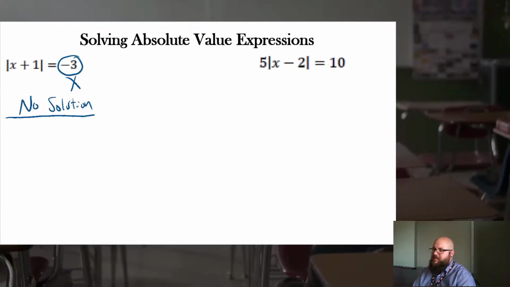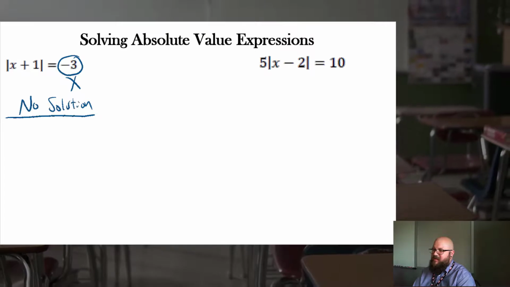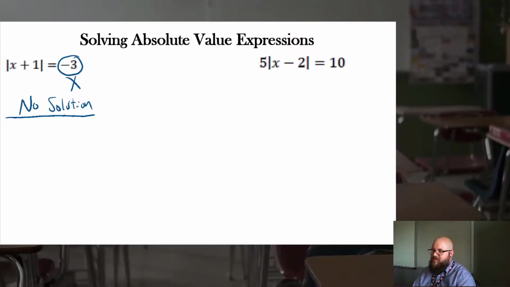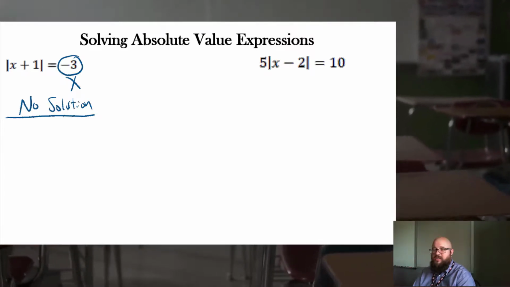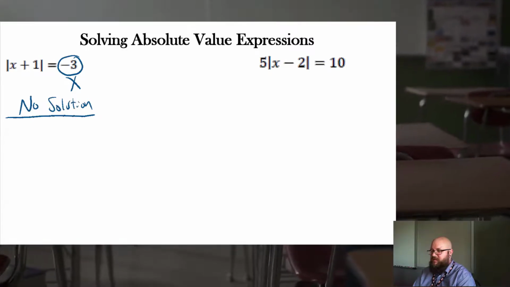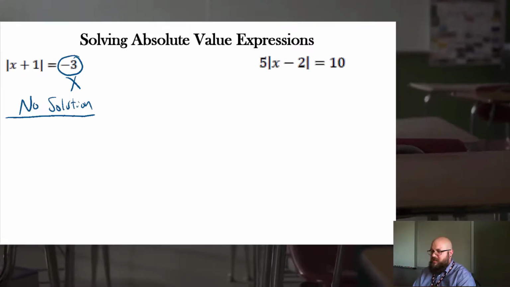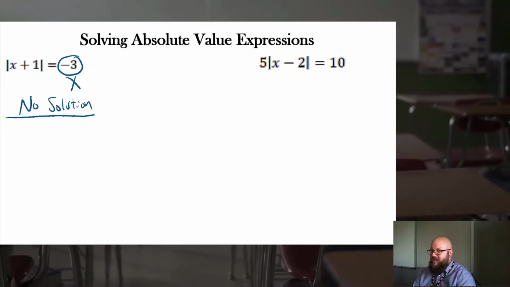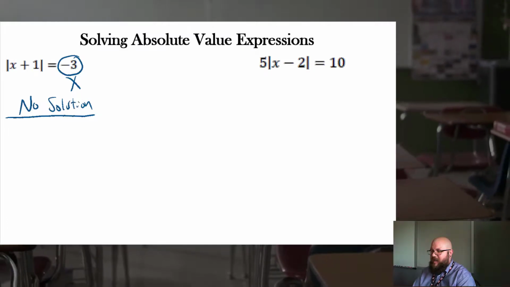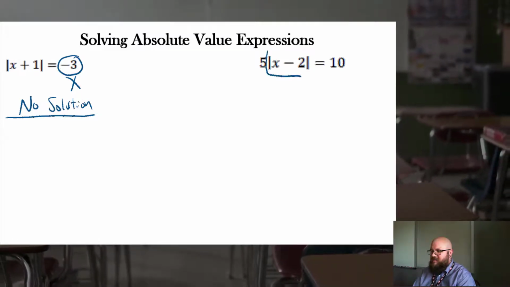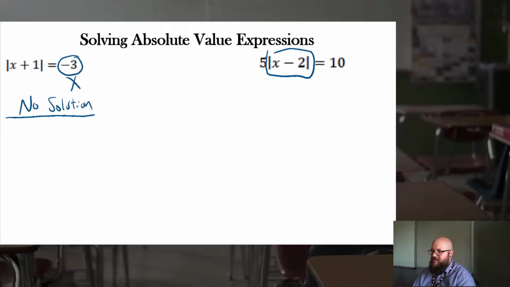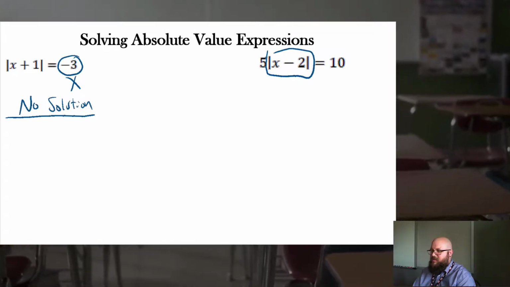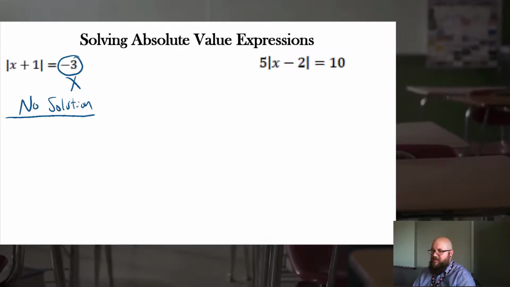So we have 5 times the absolute value of x minus 2 is equal to 10. So before we do anything, like we did on the first couple, as far as changing the actual solution to positive and negative, let's get it down to where we just have the absolute value sign on the left-hand side. So what do we need to do to that 5?